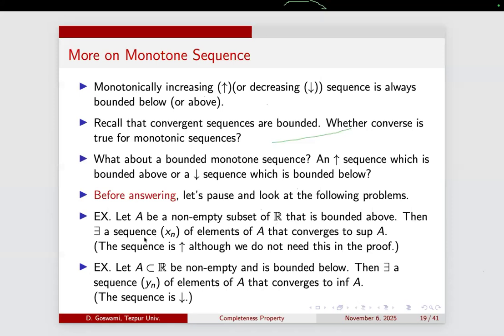Then there exists a sequence x_n which converges to the sup. I'll leave it as an exercise, and one can show that this is increasing. So an increasing sequence which is bounded above by the supremum itself. So most probably, if a monotonic sequence is bounded, there is a tendency that it will converge.